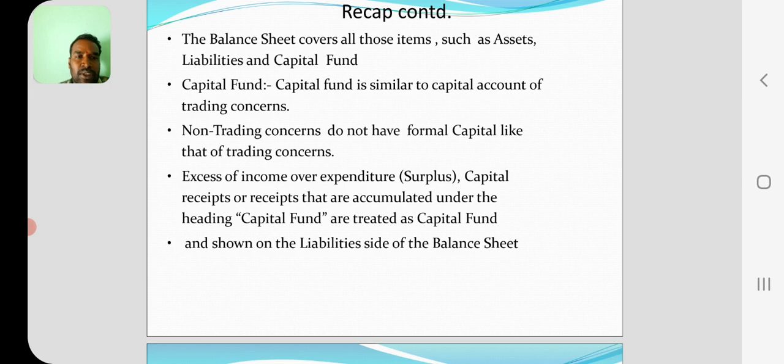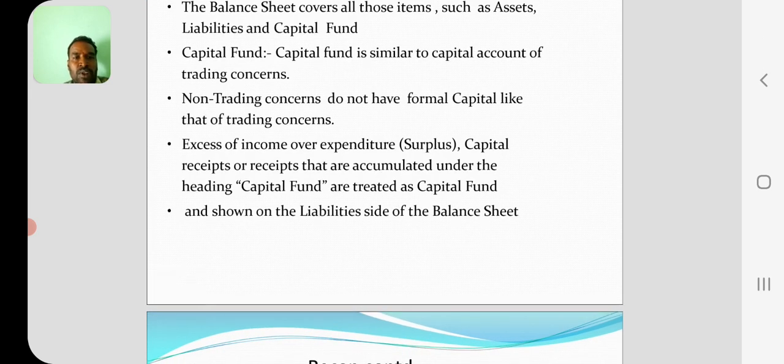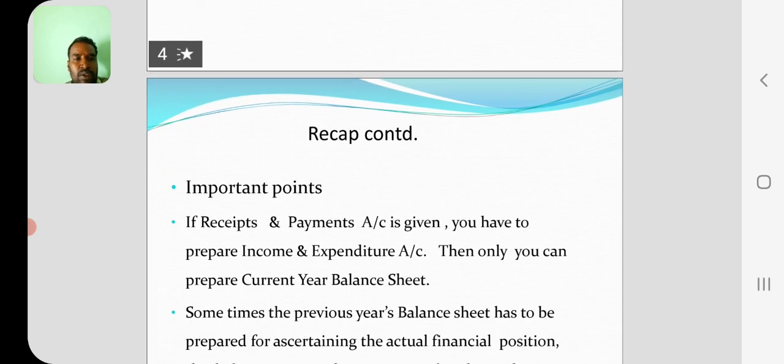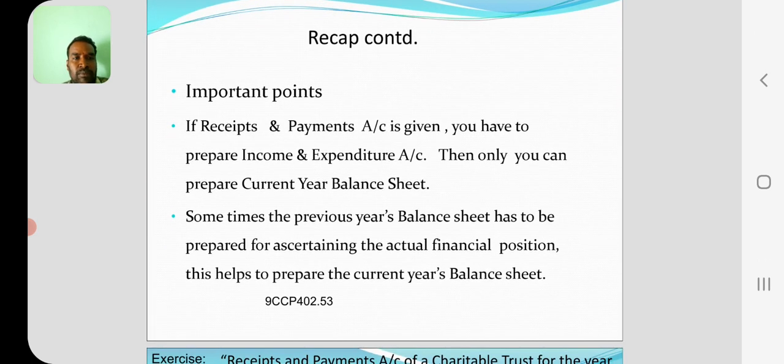Indirectly it means profit. Capital receipts that are accumulated under the heading capital fund are treated as capital. For finding out the capital fund, we take only capital items shown on the liability side of the balance sheet.